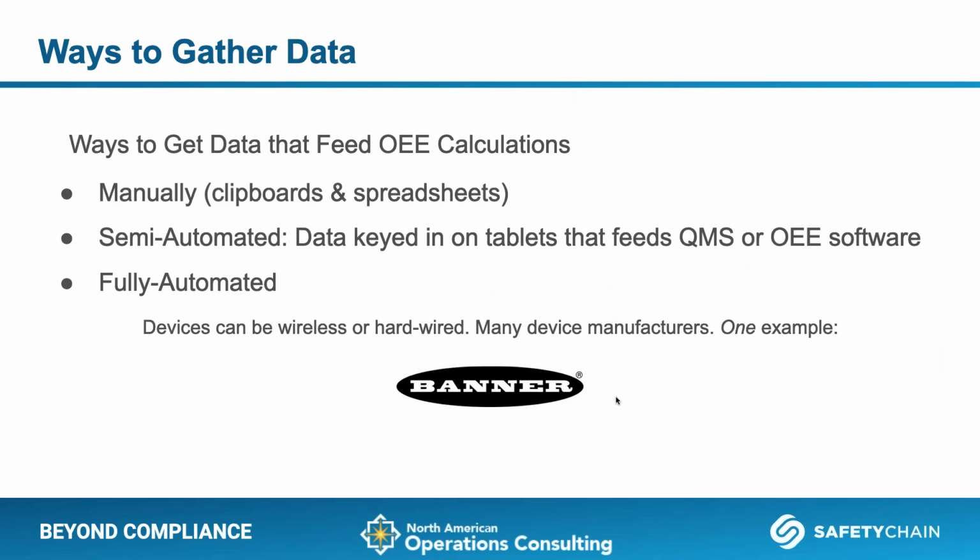Again, how do you get the data? You can collect it manually, like it sounds like about a third of you are doing or trying to get going. You can go semi-automated. We're doing some of that in our facility right here, and then fully automated where it can be. Again, you've got examples here of wired and hardwired, but some of the software can really help you collect this data.